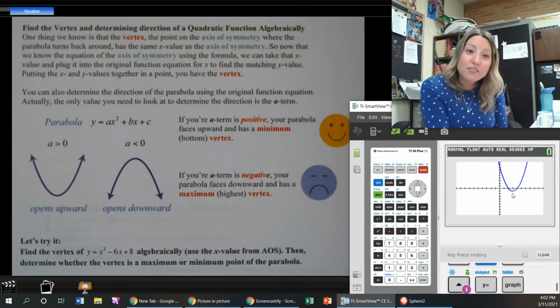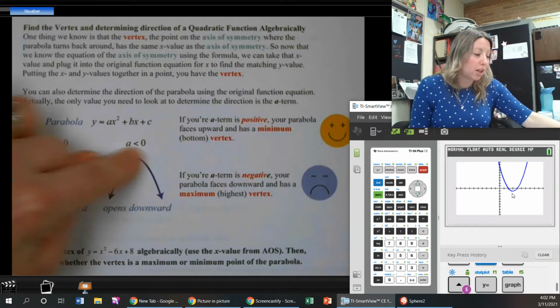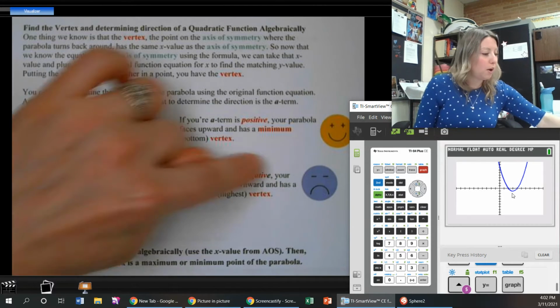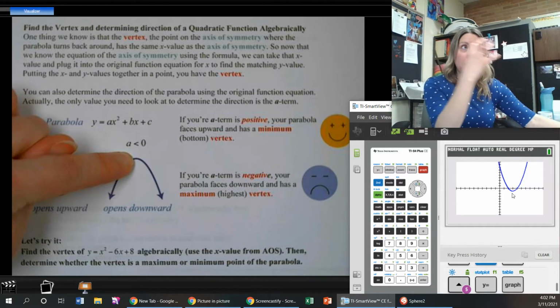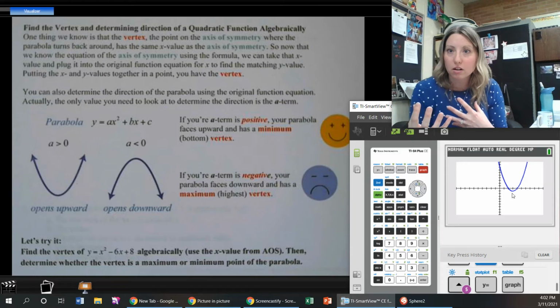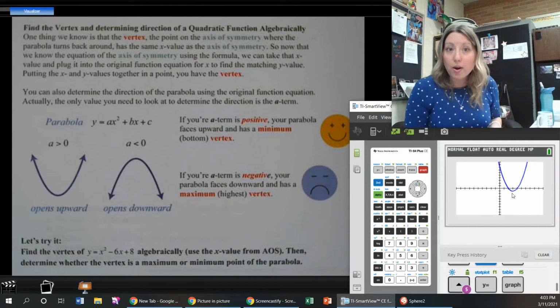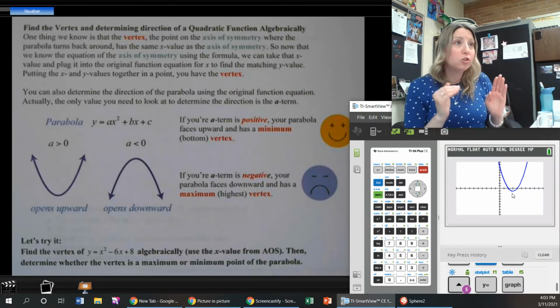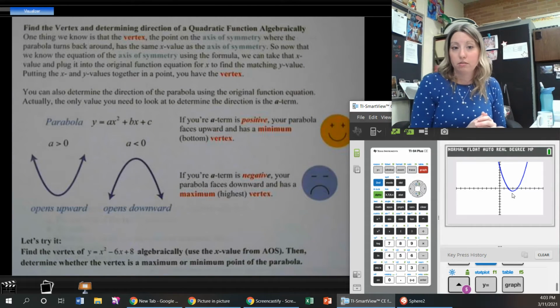And if your a value is negative, you'll have this parabola that also has a top, a maximum. So if you can have that association in your head, then it makes it so much easier to predict, looking at your function equation right off the bat, is your vertex the highest point or the lowest point?